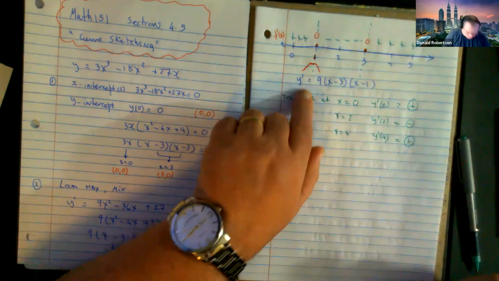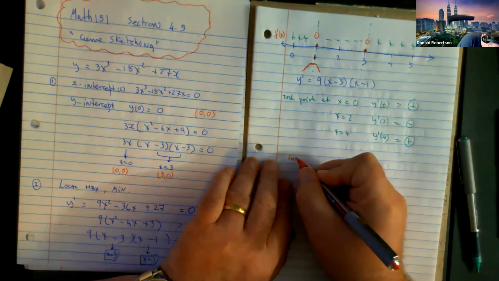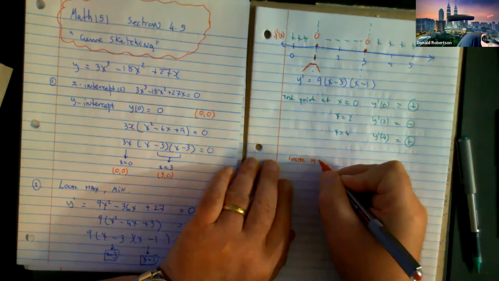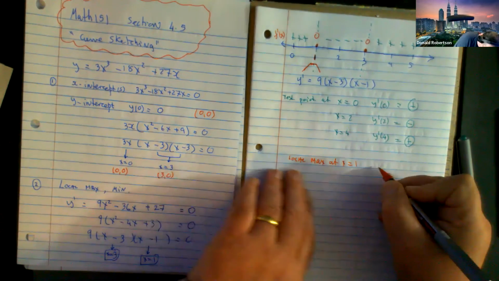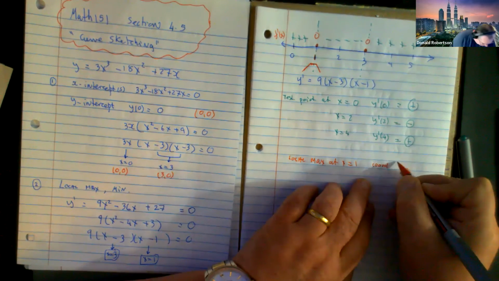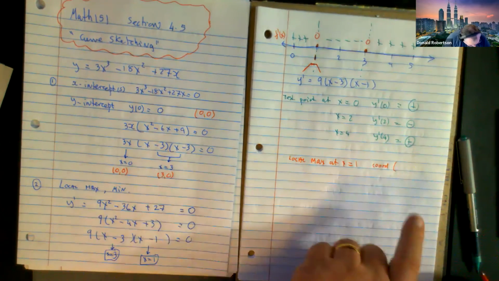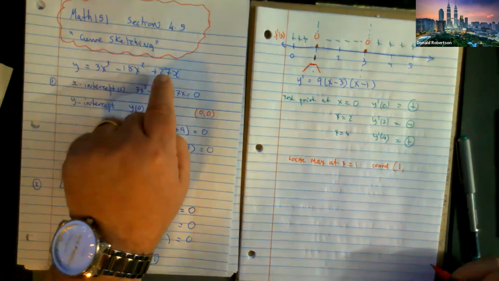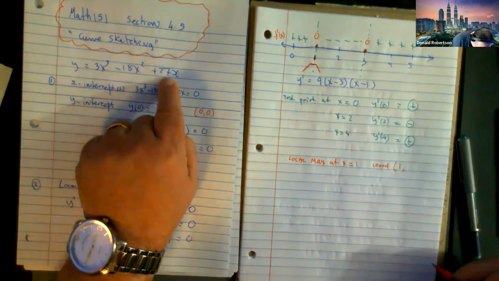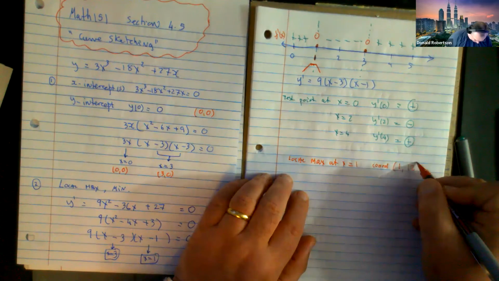There's a local max. So I know there's a local maximum at x equals 1. And the coordinates of that point, which we don't typically bother about, but we will now, is going to be 1, 3, take away 18, plus 27, it's going to be 1, 12.